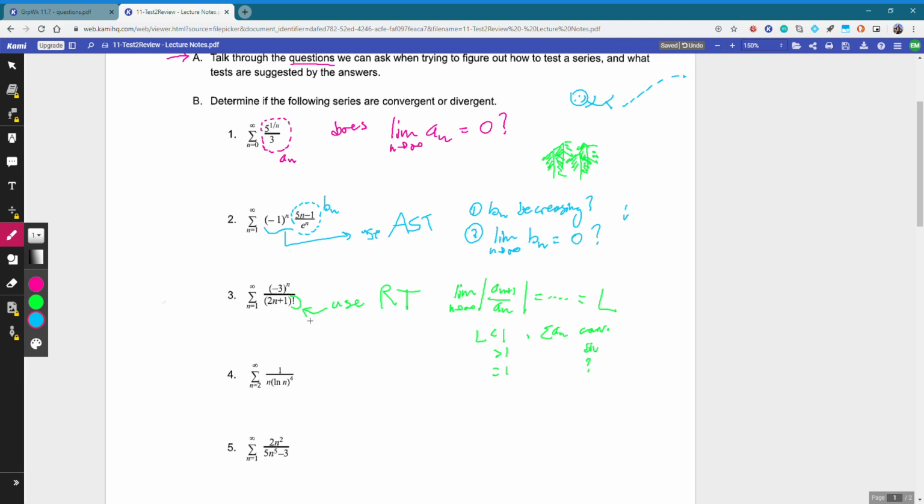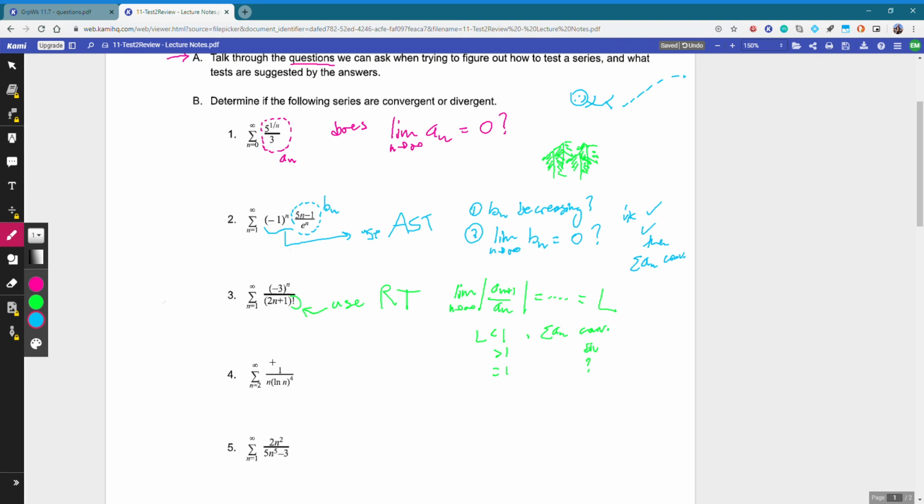And if those are both checks, then our series converges. All right. If not, we can probably make use of another test to make a conclusion about our series.